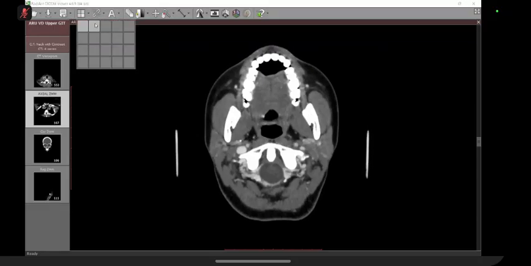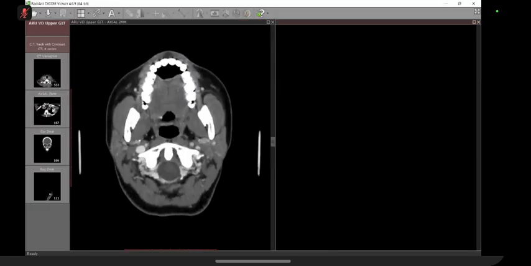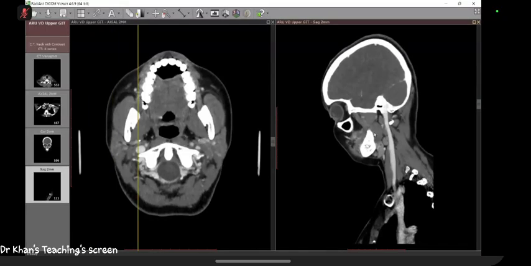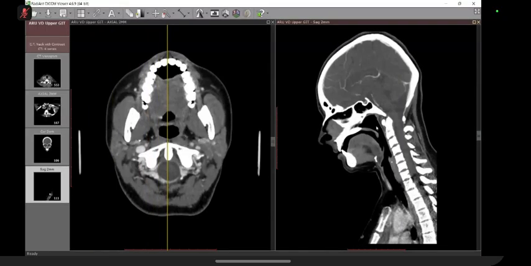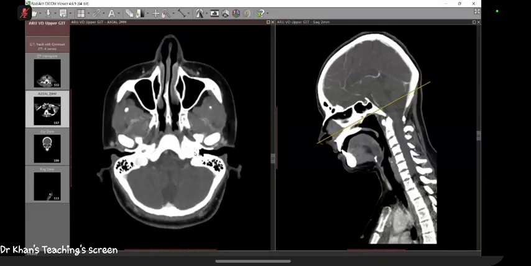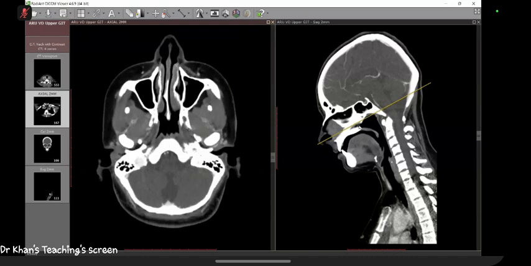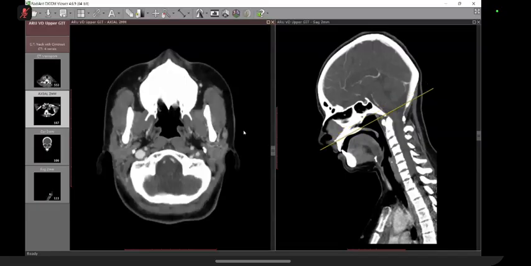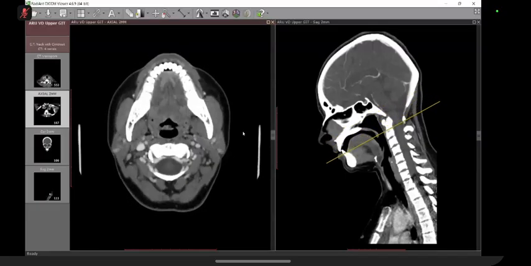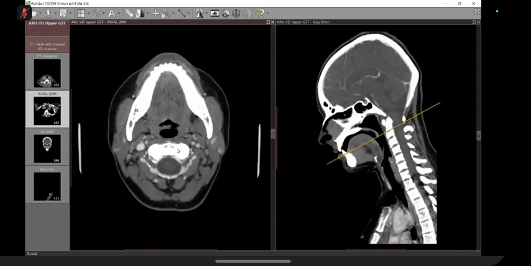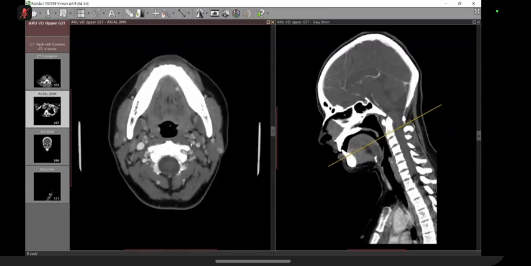Now, if you see it here, now this is a sagittal and this is an axial. And look at the reference point. Now, right now we are at the nasopharynx, ENT territory. We are coming down. Here, this is the tongue, and we are in the oropharynx.